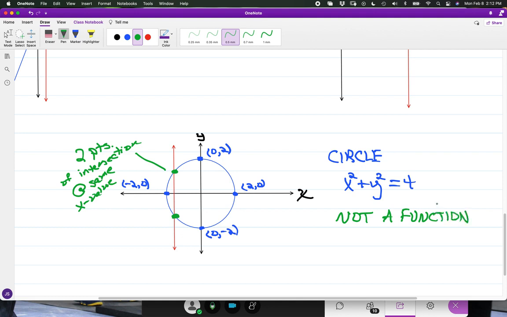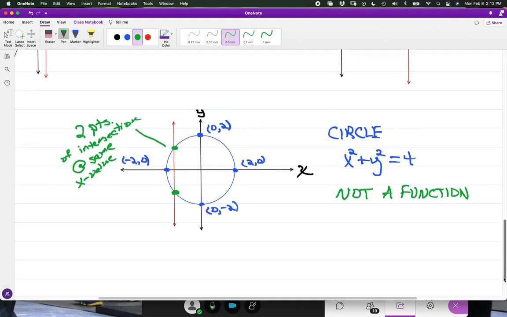And the reason for this is that between the edge points -2, 0 and 2, 0, the upper and bottom halves happen to intersect the vertical line at the same x value. So a circle is not a function.